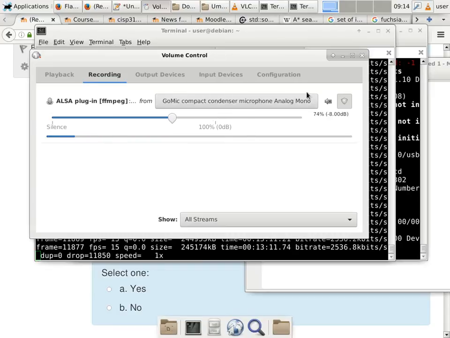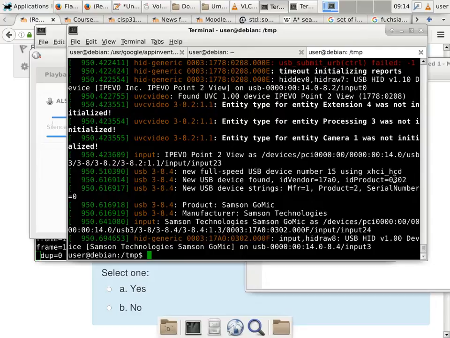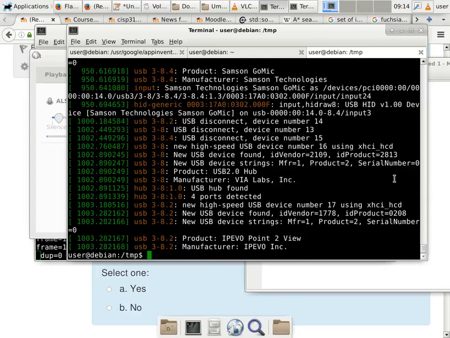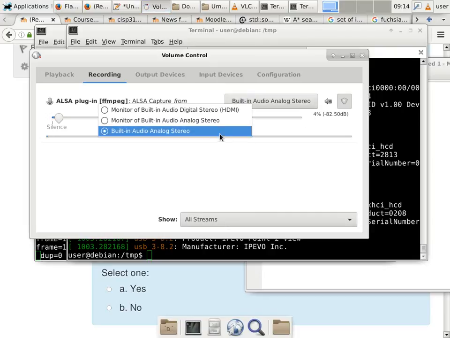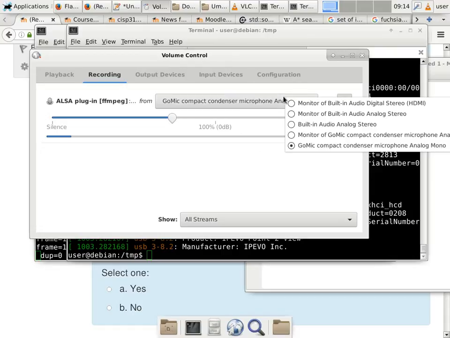Okay, so the recorder is recording again, and it's still not seeing the camera. The camera is hooked up to this port. Okay.